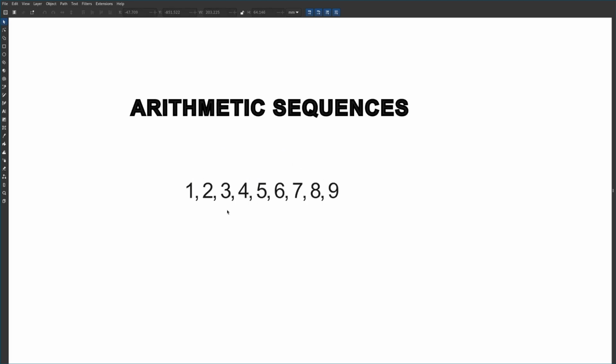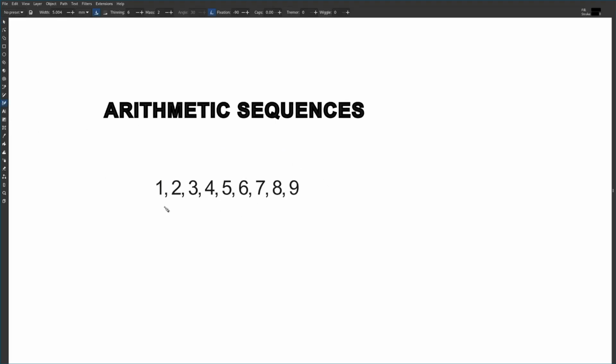That's what makes this sequence arithmetic. There's always a common difference. Since this is 1, we say that D, the common difference, is equal to 1. If we had subtracted 1, like if it was 3, 2, 1, then D is equal to -1, so we're subtracting 1 every time.